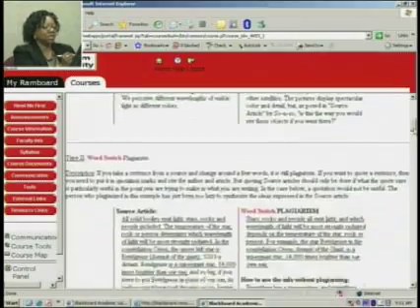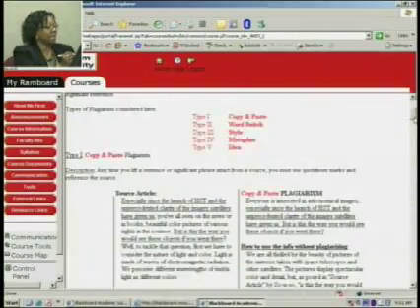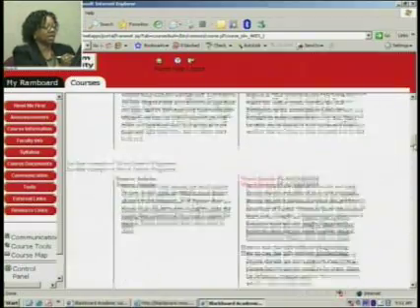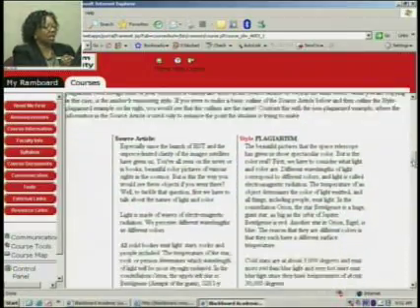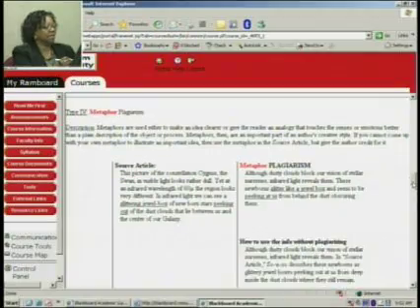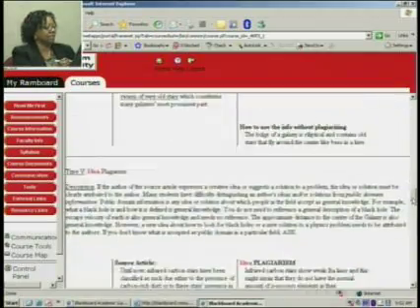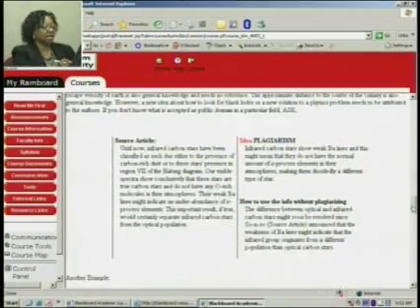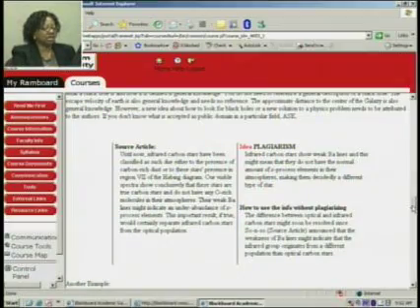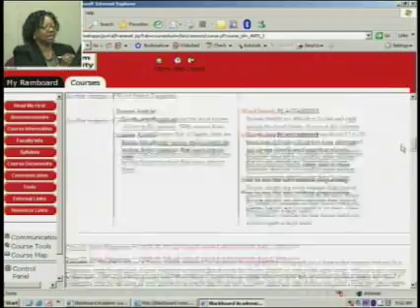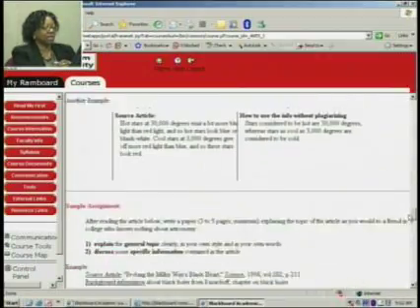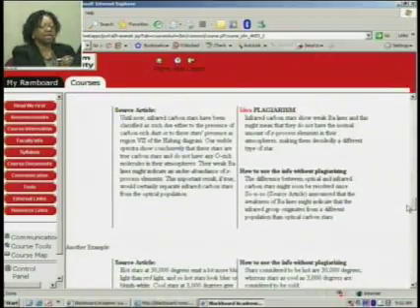And you can see switching words, copying and pasting directly, style, metaphors, and ideas. And he tells you, or she tells you, how to use the information without plagiarizing, and has several examples of how that would work.